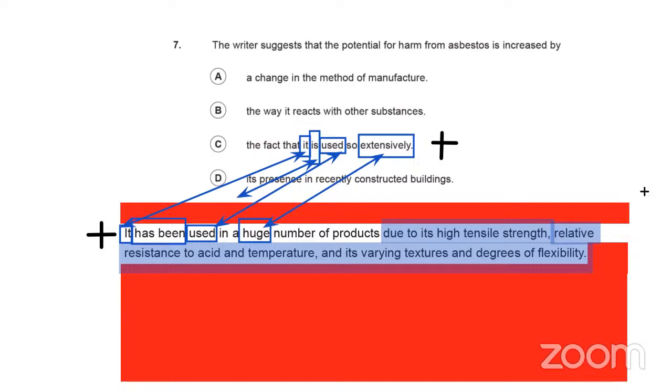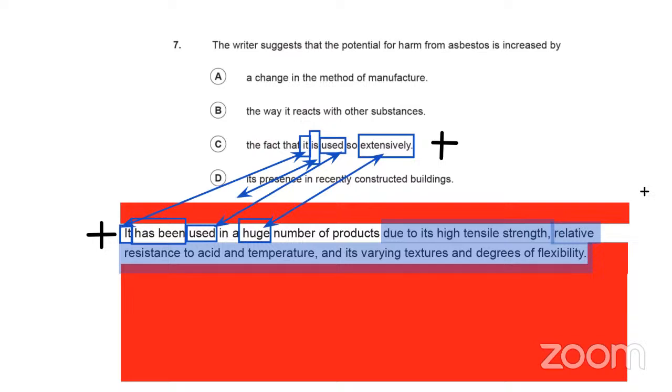In the previous one, D was not matching, and in answer option B, the word not and the word no show contradiction. But here, C is positive and the line in the passage is also positive.